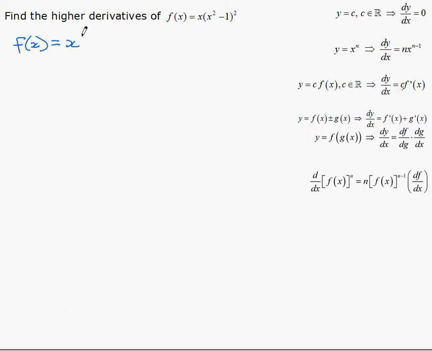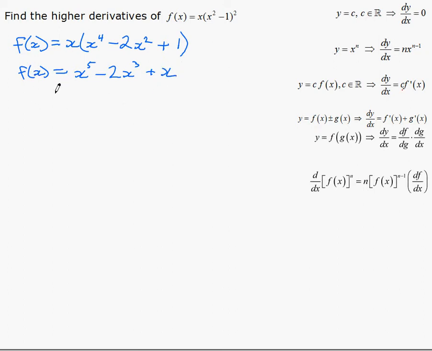So to simplify first, we expand this bracket, square the first term, the product of 2 times the first term times the second term, and square the last term. So that's that bracket expanded. And we multiply everything by x, then we get x to the 5 minus 2x cubed plus x.